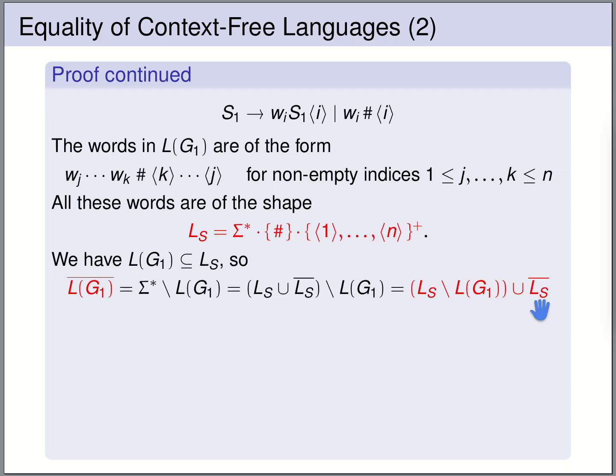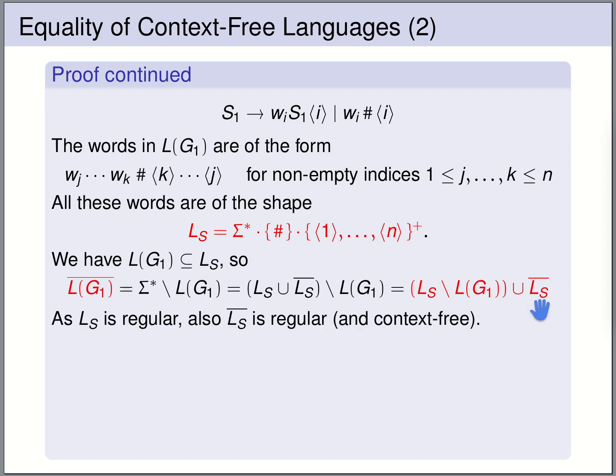Now, Ls is a regular language, therefore the complement is regular and thus also context-free. So what we have to show is that Ls minus the language of G1 is also context-free, and then we know the union preserves context-free languages, so it follows that this language is context-free and thus the complement of the language of G1 must be context-free.